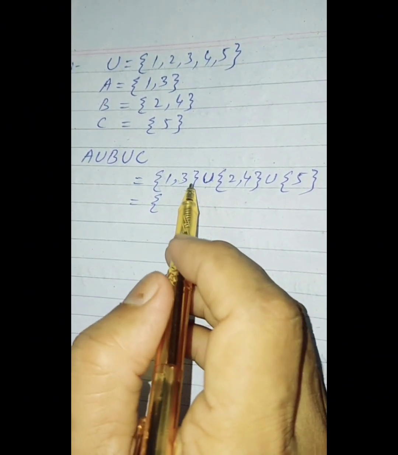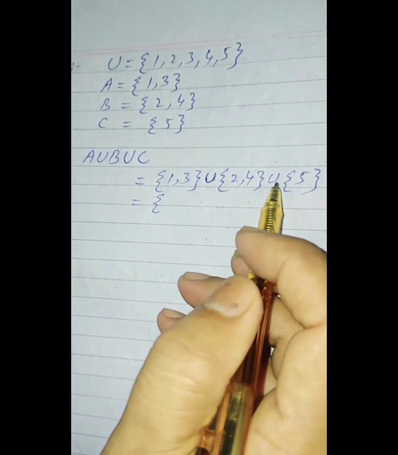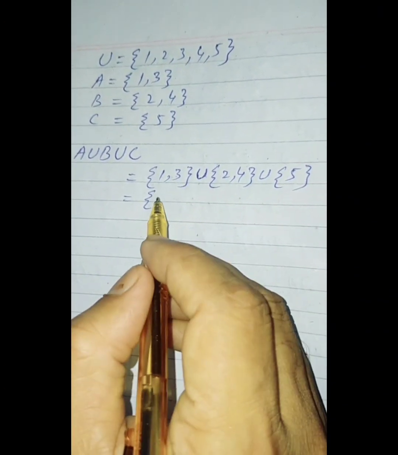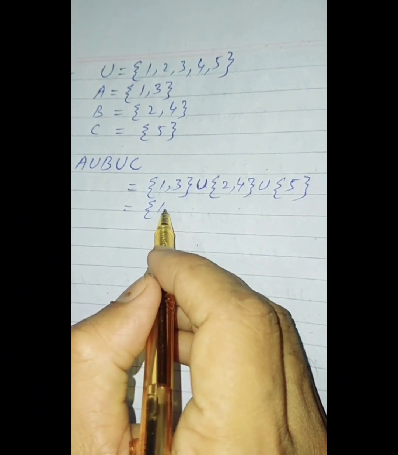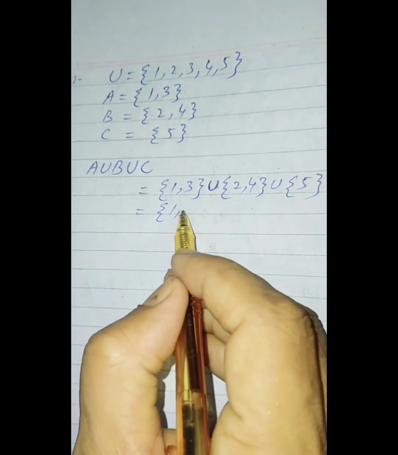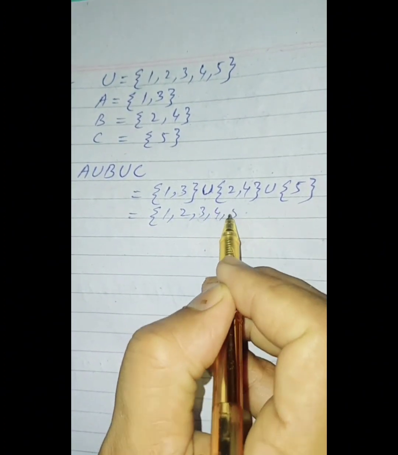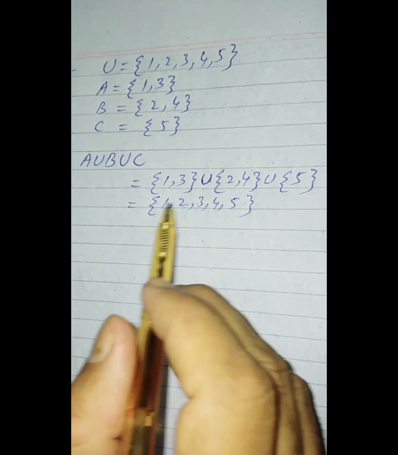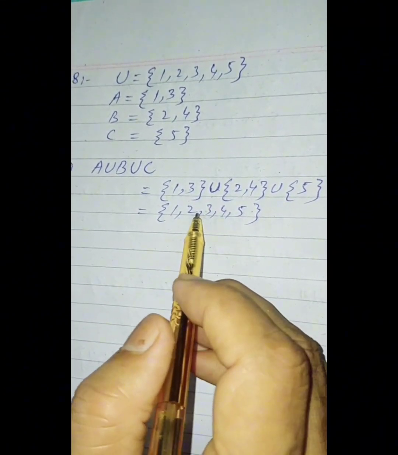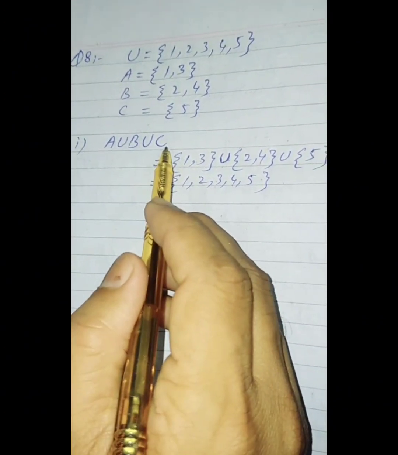And union means that we will consider the members of all the three sets. Clear? So the union of all three sets will be equal to 1, 2, 3, 4 and 5.